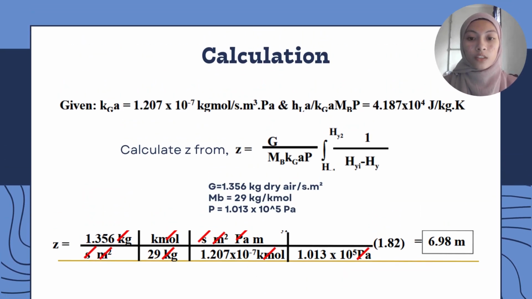Next, we will now calculate the height of the tower Z using the equation G over MB kGa P times the integrated value we obtained.